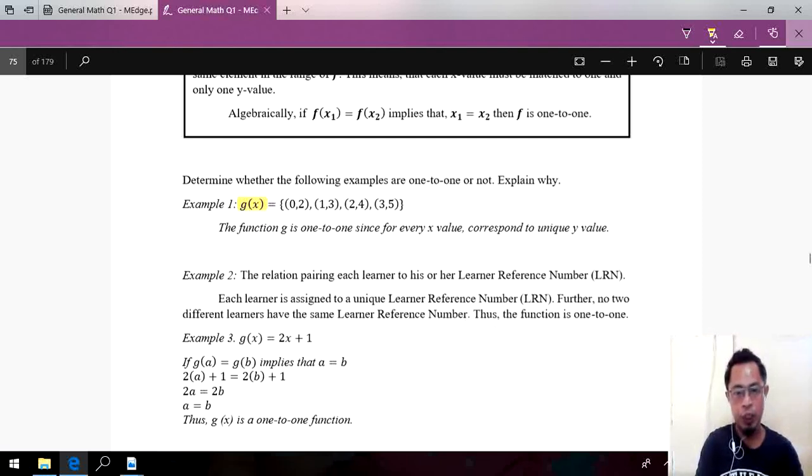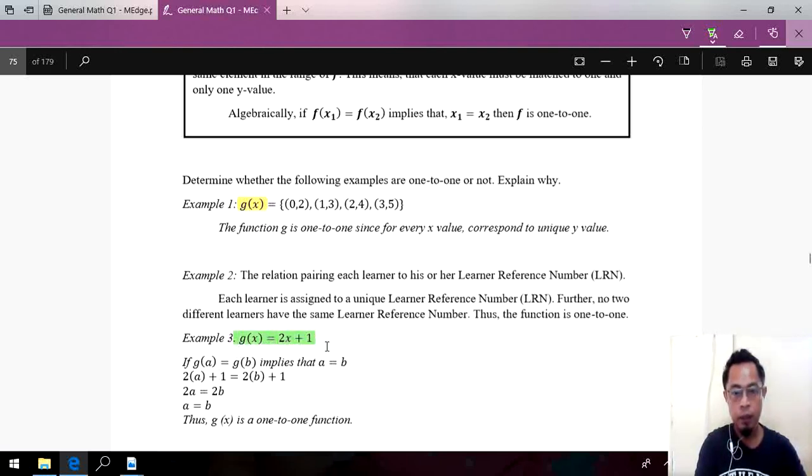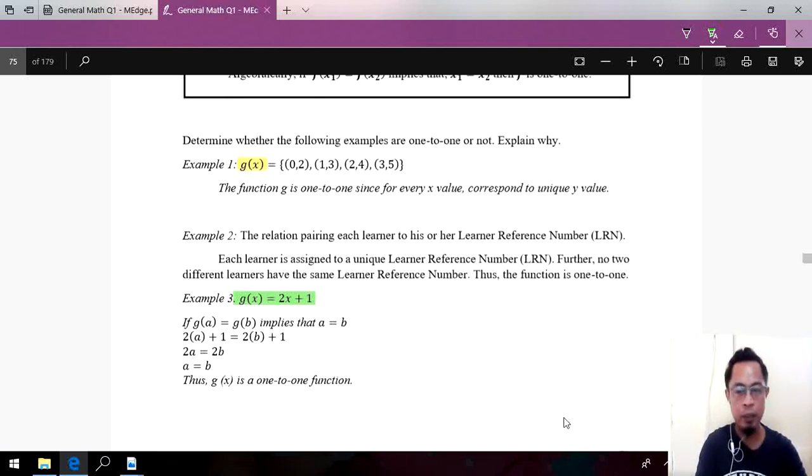We have the function g again. So, we have the function g of x, defined as equal to 2x plus 1. In order for us to check whether it is one-to-one, meron tayong presentation dito. It says here na kung siya ay one-to-one, then your g of a should be equal to your g of b.